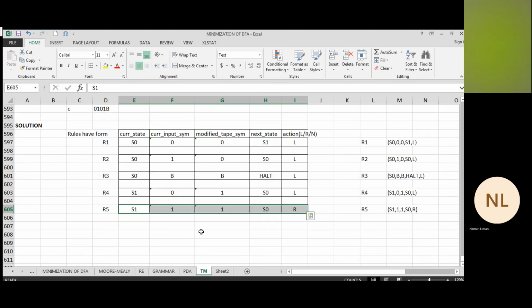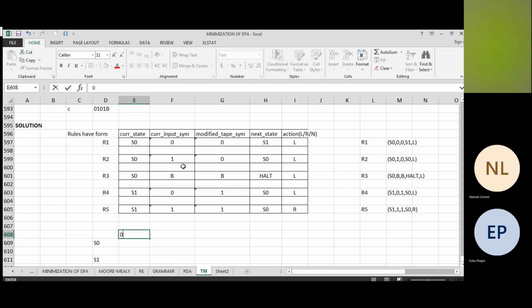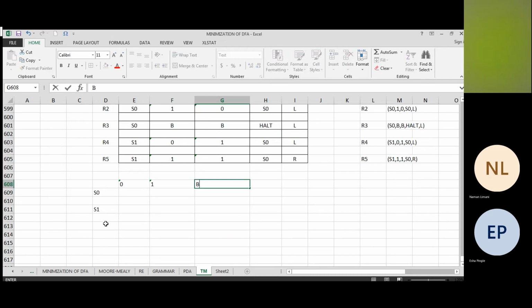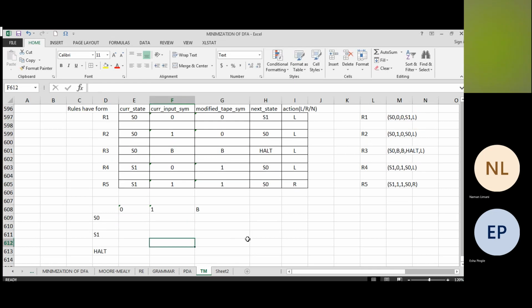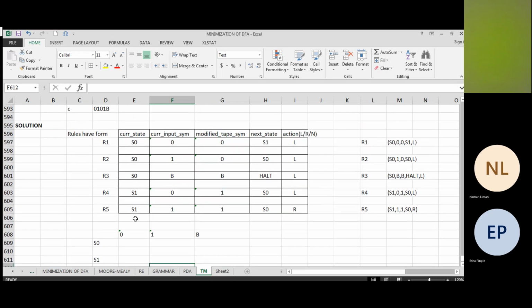Now using this, if you wish, you can construct the transition table also. Here you find that you got the states S0, S1. Input symbols are 0, 1 and then B. And you also find that halt is also a state. So here you can write in S0, 0 and 1 are processed.